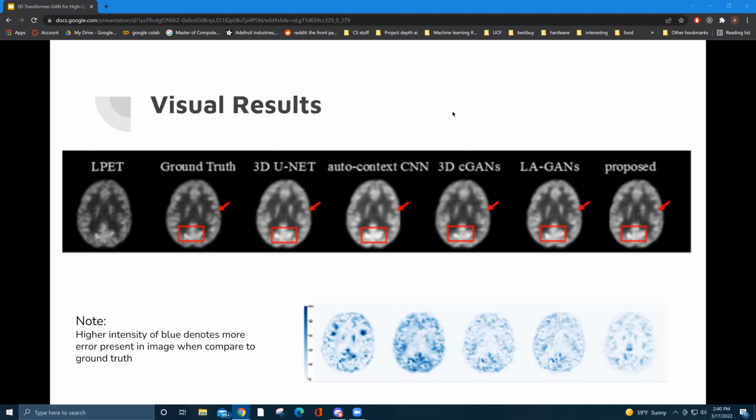This will fully validate the generalization ability of their algorithm. If they are able to outperform the other methods consistently across multiple data sets with different imaging modalities, then I think that'll be more convincing to the readers.